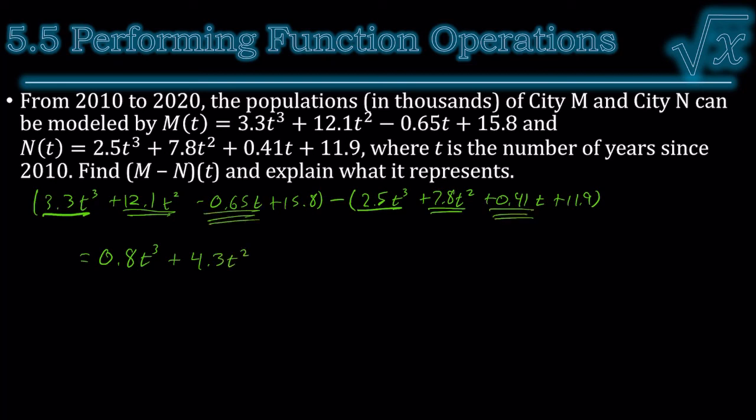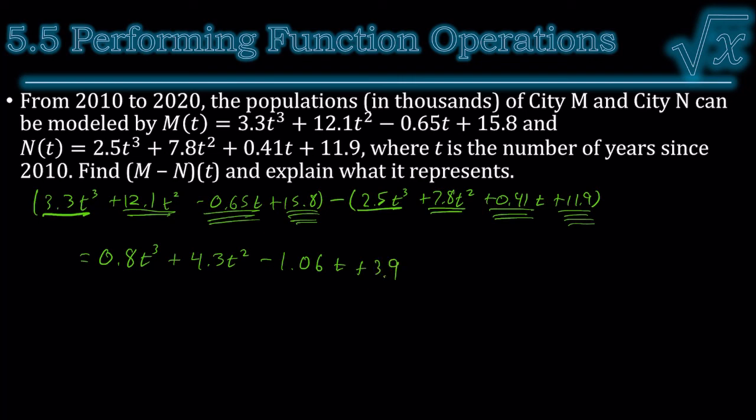Just the t's, I have negative 6.5 minus 0.41, which would be negative 1.06. And then the numbers, 15.8 minus 11.9 is 3.9.